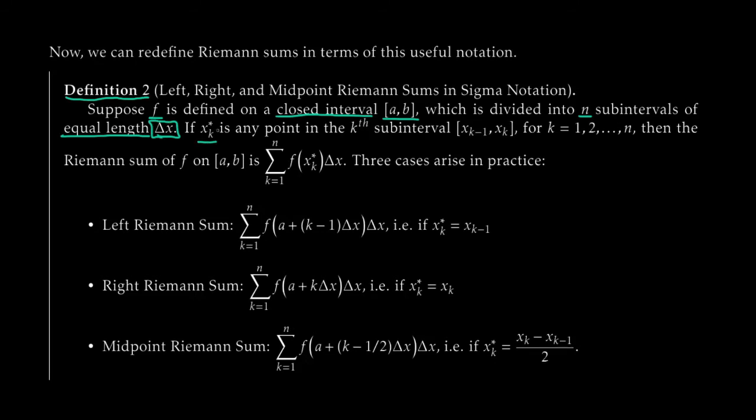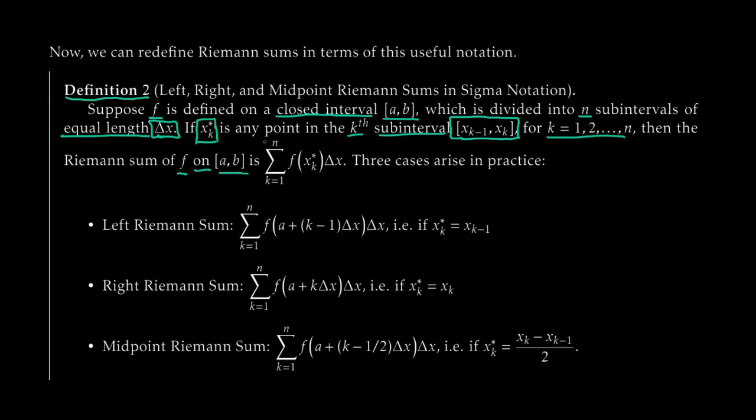If xk star is any point in the kth subinterval, like we drew in all those pictures last time, which, in case you forgot, is the interval from xk minus 1 up to xk, and we're only talking about this when it makes sense for the n subintervals that we have.